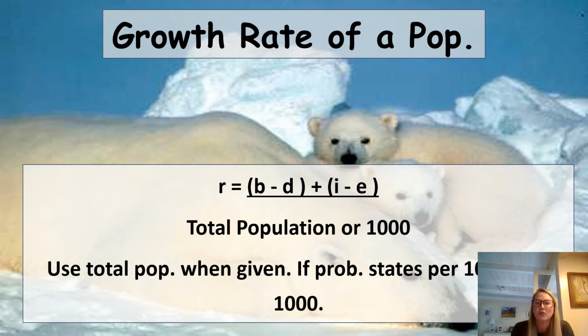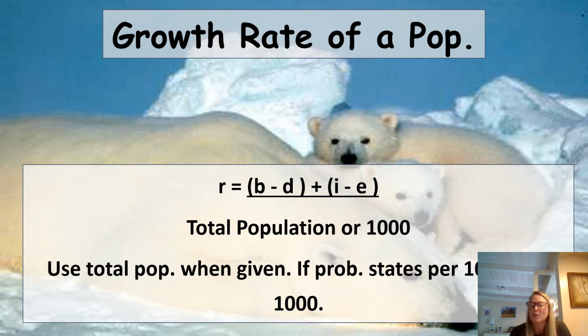You can also do this equation by taking the births and the immigrants and adding them together, and then subtracting them from the deaths and the emigrants that are added together. You will still get the same answer. And then you divide it by either the total population size, or sometimes the College Board is very nice and they give you a nice easy number to work with, like 1,000 or 10,000.